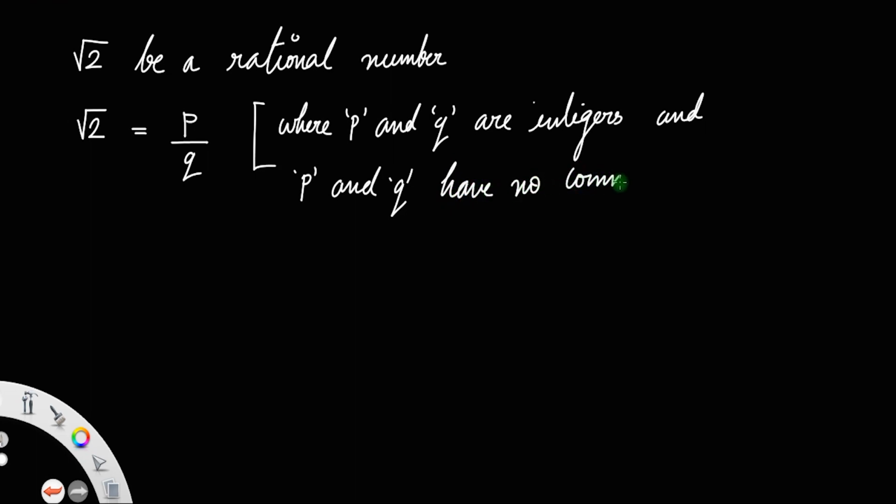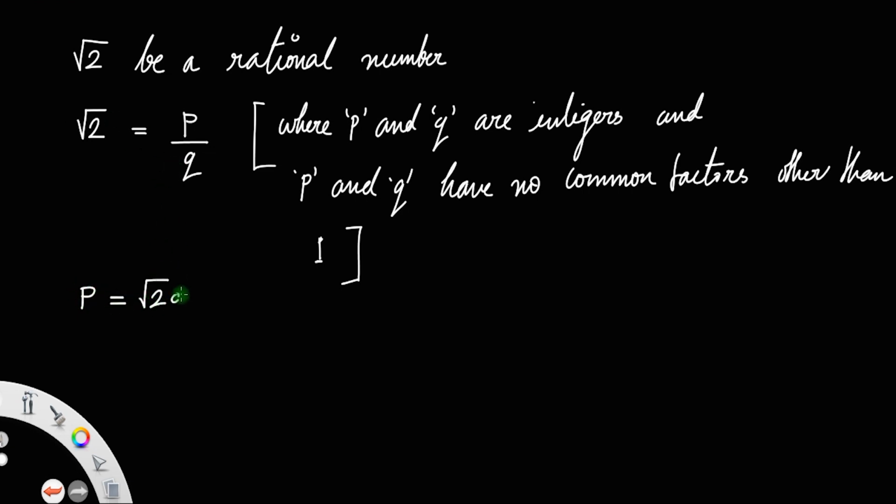See, this part is important: p and q have no common factors other than 1. Clear? Therefore, p can be written as root 2 q.